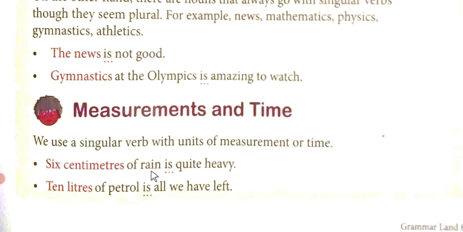For example, 6 centimeters of rain is quite heavy. With measurements and time, we always use a singular verb. 10 liters of petrol is all we have left. With 6 centimeters, is has been used, a singular verb, and with 10 liters, is has been used as a singular verb.